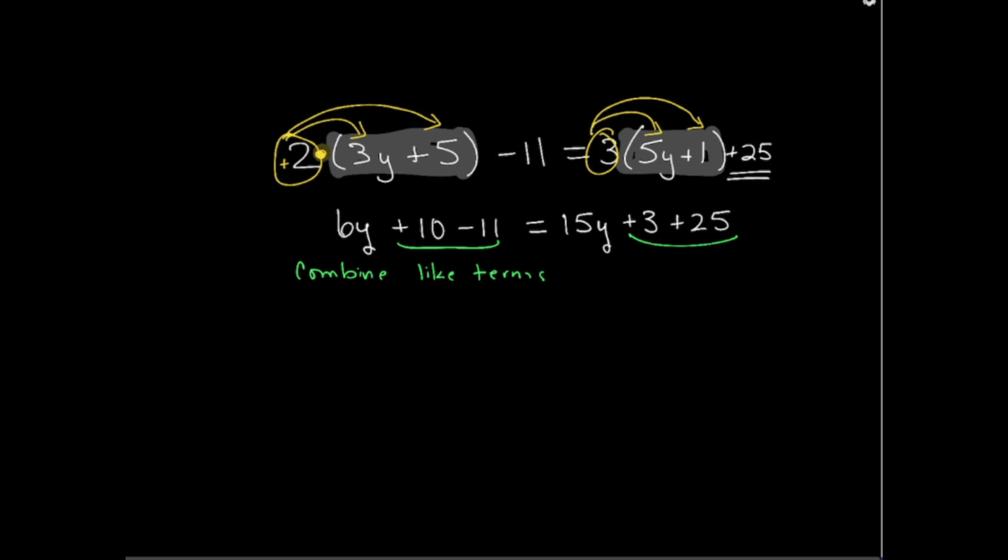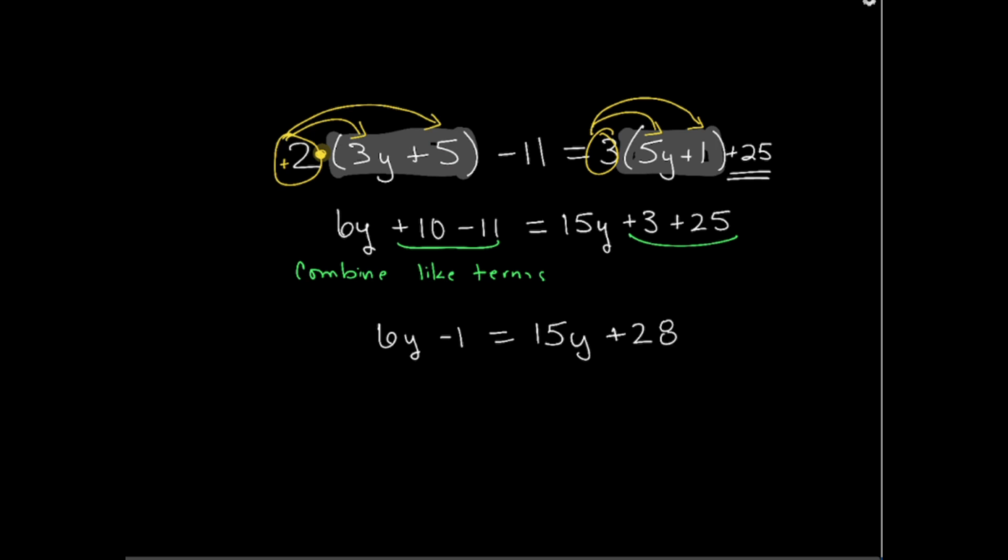So what I have, I'm going to take my 6y and bring it down, and this is 10 minus 11, so that becomes 6y minus 1 is equal to, and on the right hand side of the equation, my 15y comes down. And then I add 3 plus 25, which gives me my 28.